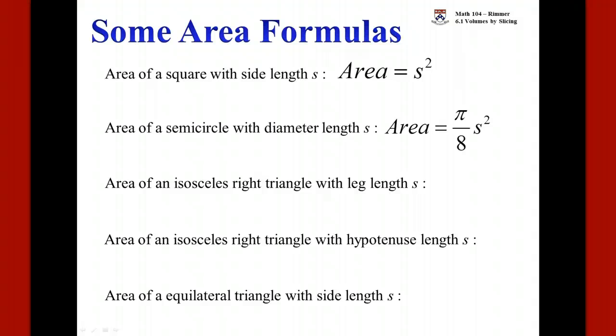The area of an isosceles right triangle, where the leg is s, is just half of s squared. But if the hypotenuse is s, we got 1/4 of s squared. And finally, for an equilateral triangle, where the side length is s, we got root 3 over 4 s squared. Keep these handy. When it comes time to find volume by cross sections, it's useful to have these.